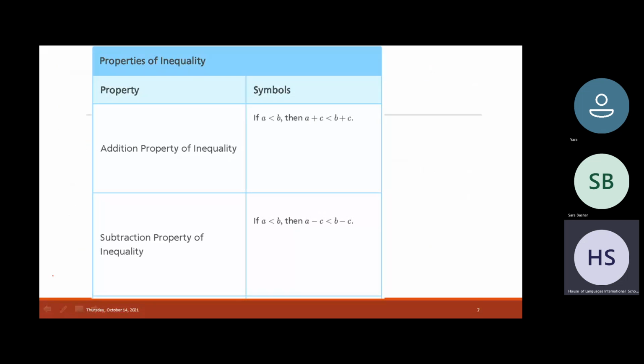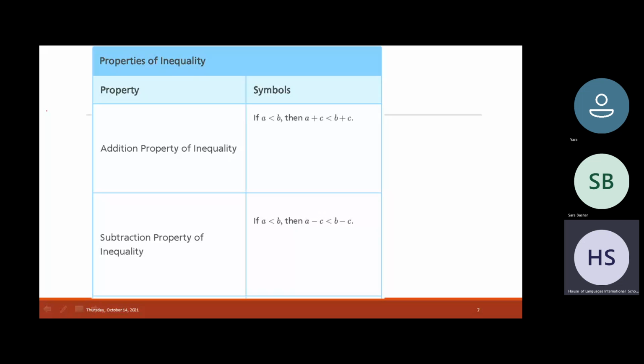Now, when we solve the inequality, unequal, not equal. Here, as we talked about the properties for the equation, we have properties for the inequality. Now, one of them, what is the addition property of the inequality?